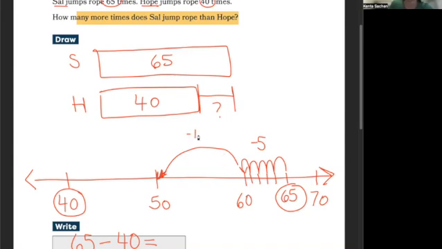Then I did minus 10 here, right? 60 minus 10 is 50. Then I can do another big jump to 40. 50 minus 10 is 40, right?